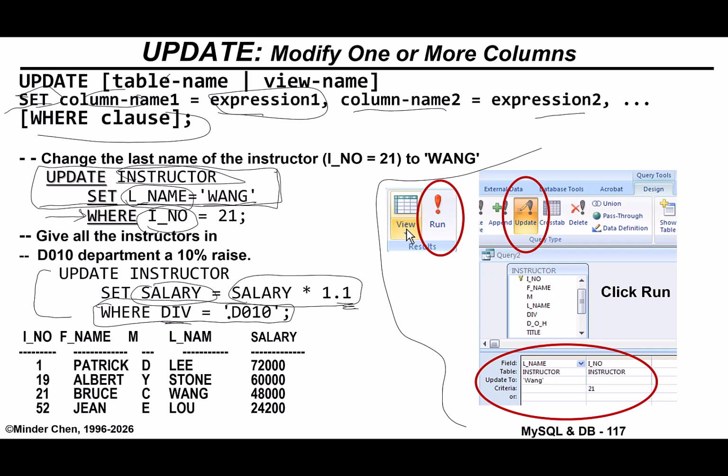So in this case, you may affect the salary of more than one instructor, unlike the previous one, where the change was limited to just one instructor. And certainly we assume we do have instructor number 21 exists in the system.